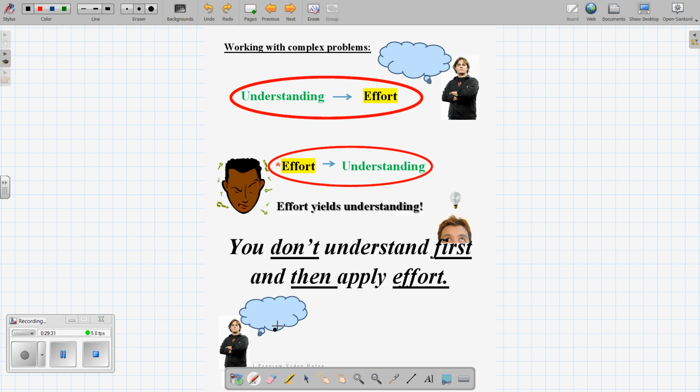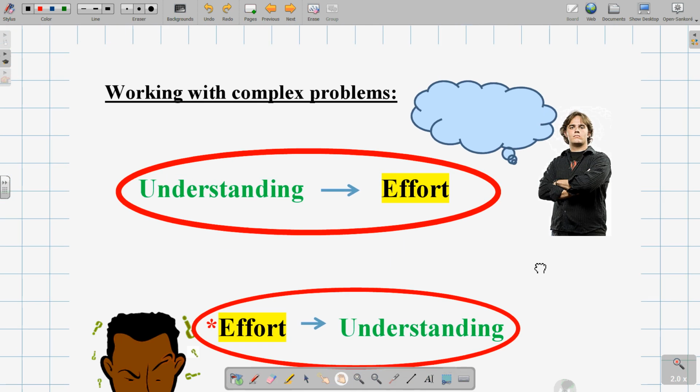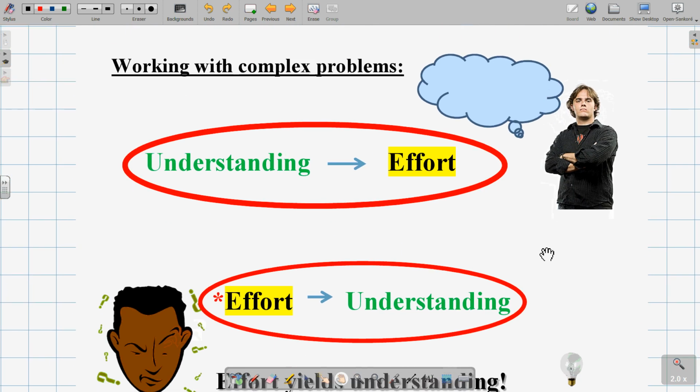So it's very important when we're working with more complex problems, aka real life problems, also known as word problems, that you do not allow your initial reaction, I don't get it, to sabotage your effort.